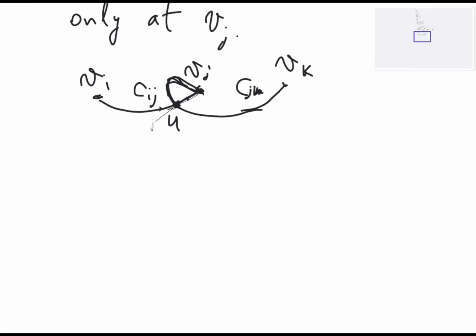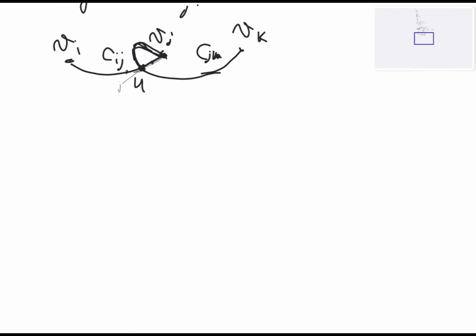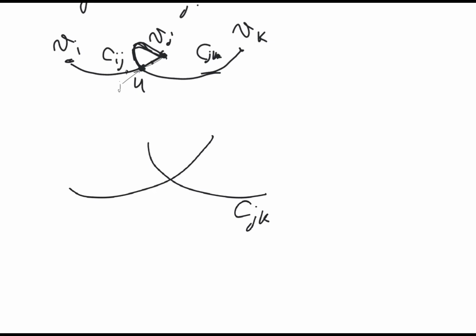Okay, so let's draw this on another picture. So basically we have this and this. So this is Cjk and this is Cij, right?